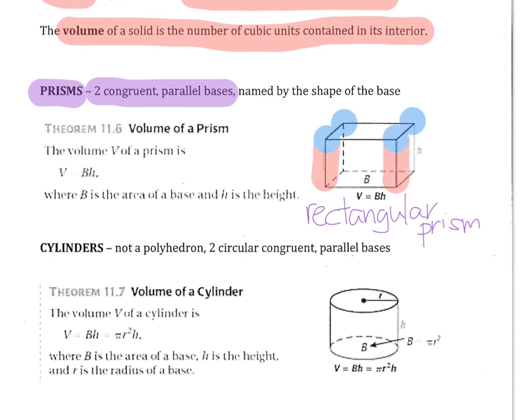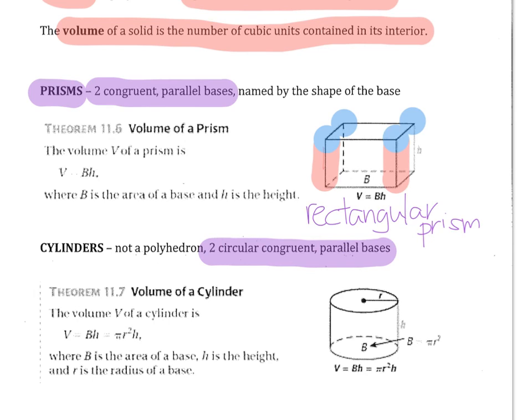A cylinder is not a polyhedron, and it's because it has two circular congruent parallel bases. Okay, then each of our formulas are here.